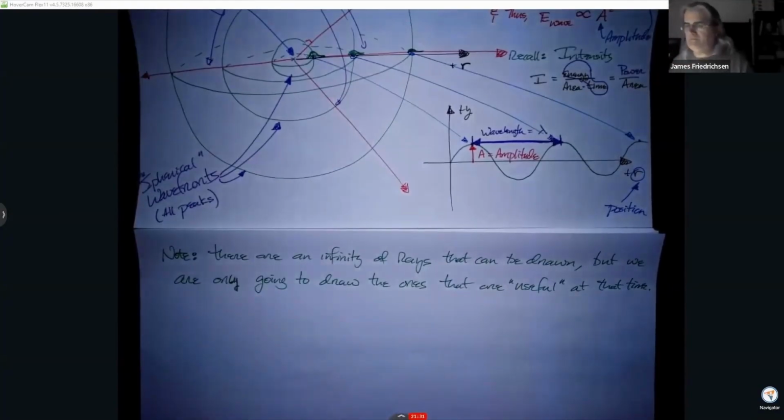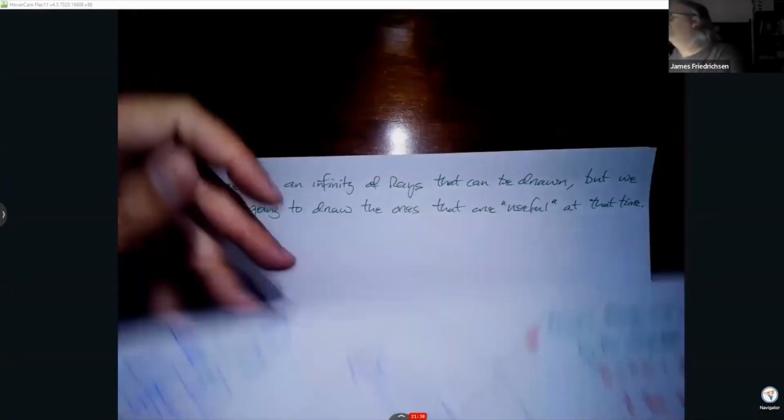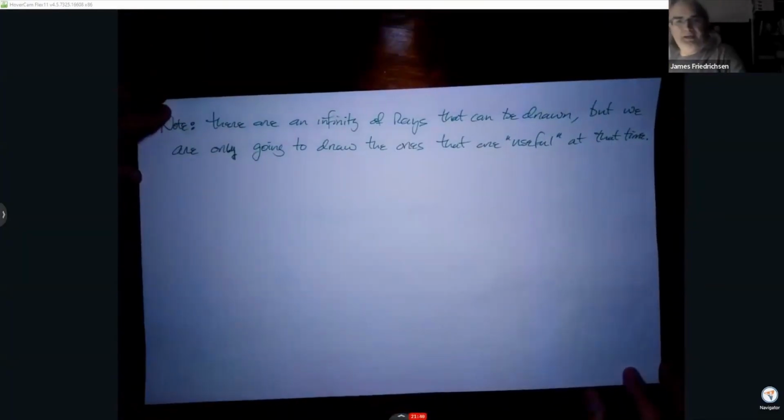Okay. Well, you can draw an infinity of rays. We'll only generally draw the ones that are going to be helpful or useful.